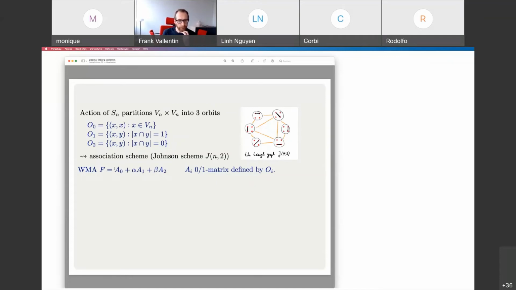We don't have a coefficient in front of A_0 because of the normalization constraint that the diagonal is equal to 1. Then, by the theory of association schemes, we know that the A_i commute pairwise, meaning that we have a common system of eigenvectors, meaning that computing the theta number is a linear program in the variables alpha, beta. Then it's easy to solve and to see at the end that the theta number of H_n is exactly n squared divided by 4.